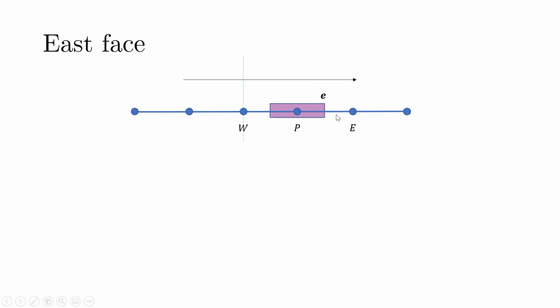Using the same ideas, this is my east face over here. Again, if the flow is in the positive direction, the immediate upstream point is capital P, the immediate downstream point is capital E. So we need another upstream point that would become capital W. So remember, 2 upstream points, 1 downstream point, 3 points in total, that means 3 known values of phi.